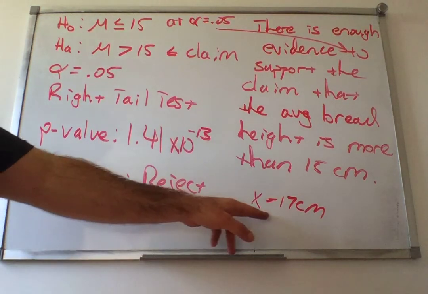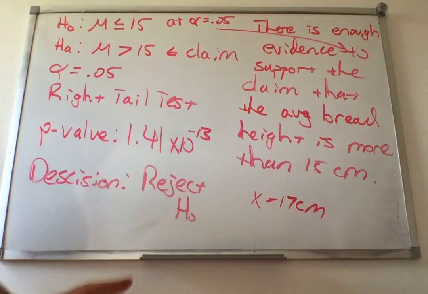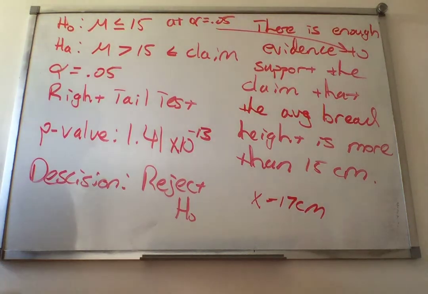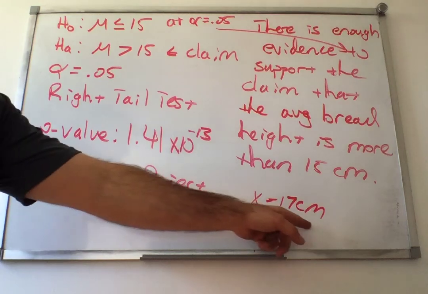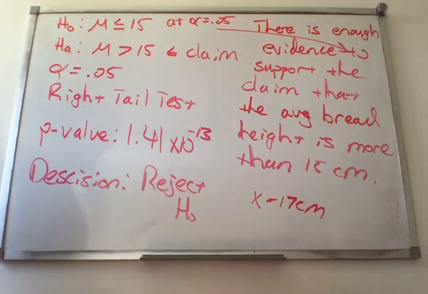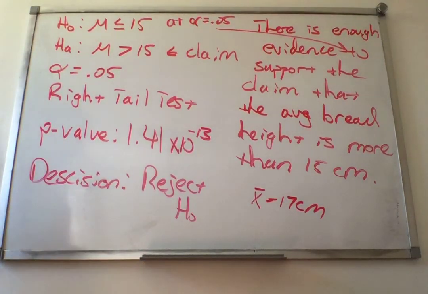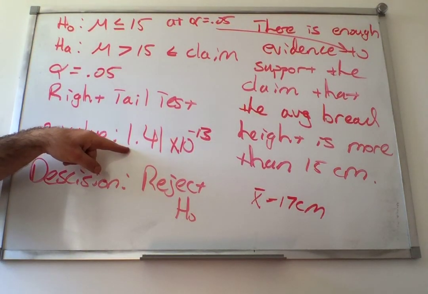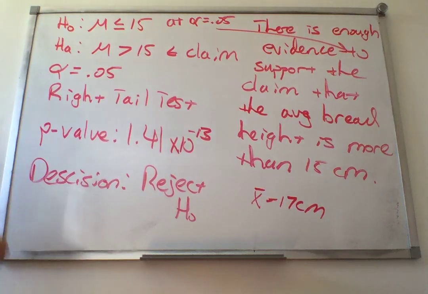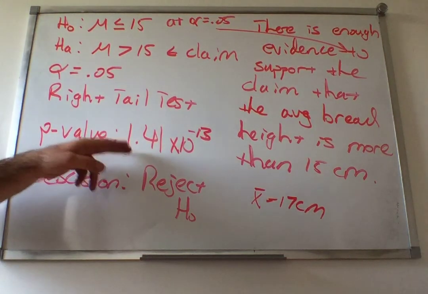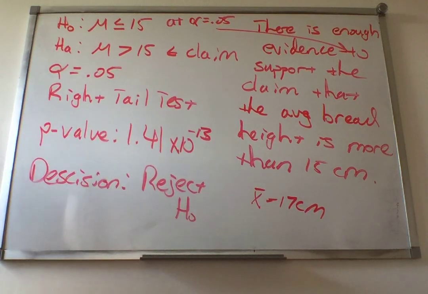Now, if he were to do everything correctly, and not put any bias in there, make the bread exactly the same way that he did, and then he still gets the sample mean of 17. Oh, this should be X bar. And we still get a p-value, then instead of saying that we made a type 1 error, then we probably did get something out of the normal, making our data significant to reject the null hypothesis.